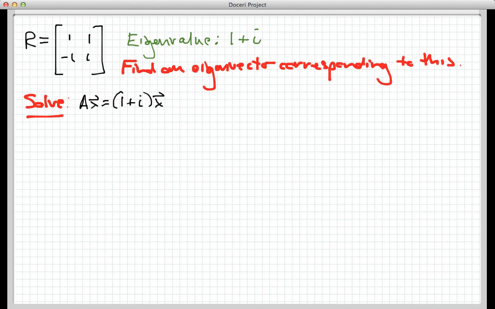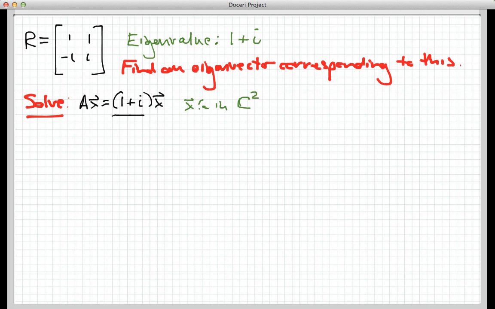Now, it's kind of strange to have a complex number right here, but if you think about it, this is the same equation we always solve when finding an eigenvector. We're just looking for a non-zero vector that satisfies the equation that is in the definition of eigenvector. The one twist here is the presence of complex numbers. We have a complex number in the eigenvalue, and also x, the vector here, is in a space called C2.